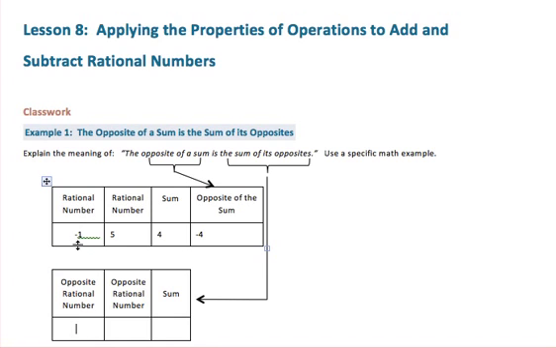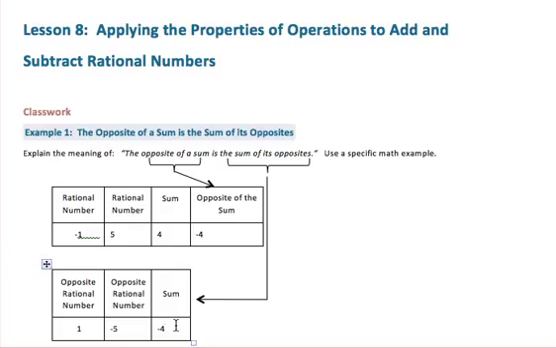The opposite of -1 is 1, and the opposite of +5 is -5. And the sum of 1 plus -5 is -4, proving that the opposite of the sum is the sum of its opposites.